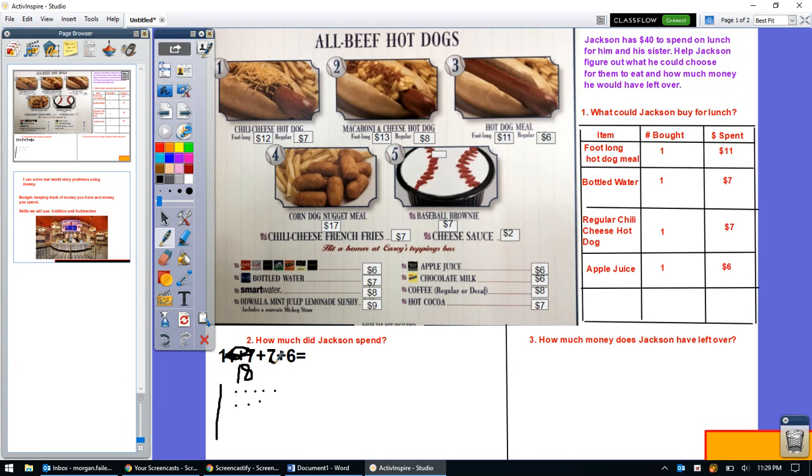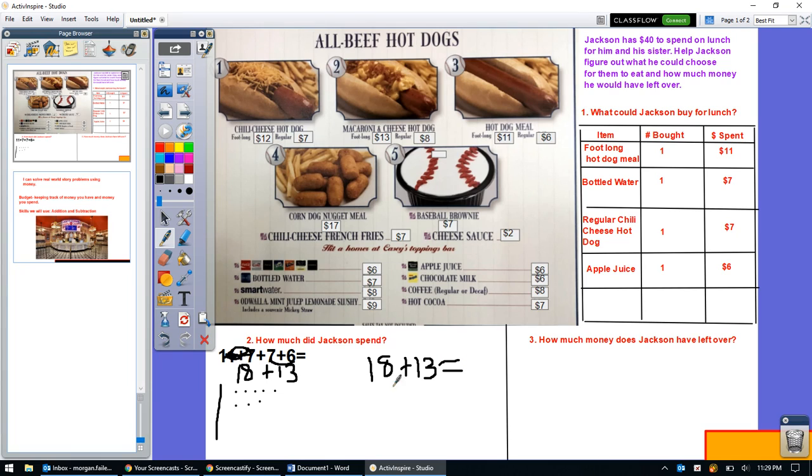Now again, I'm going to put 7 and 6 together because I know from mental math that 6 plus 6 is 12 and 1 more is 13. So 18 plus 13 is my new equation. Again, I got that from adding 11 and 7 and then adding 7 plus 6.